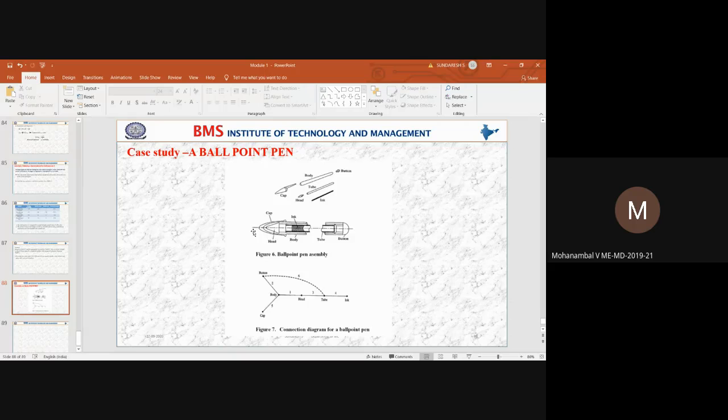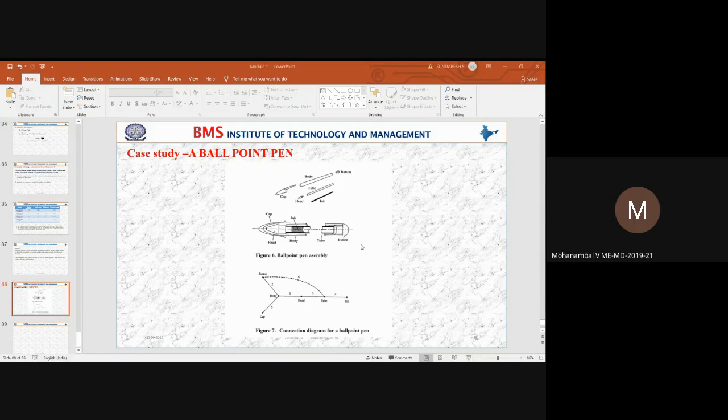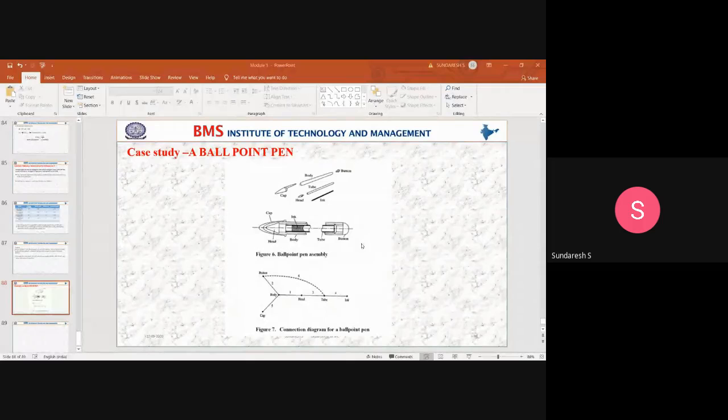Yeah, so it includes all the costs: material cost, manufacturing cost, assembly, labor cost, marketing cost. It includes the MRP rate for the product. Now, with your engineering knowledge, how will you go about reducing the cost of this pen?